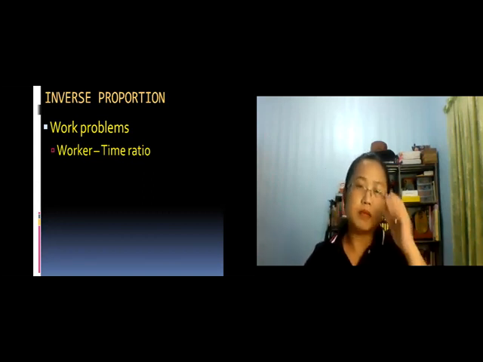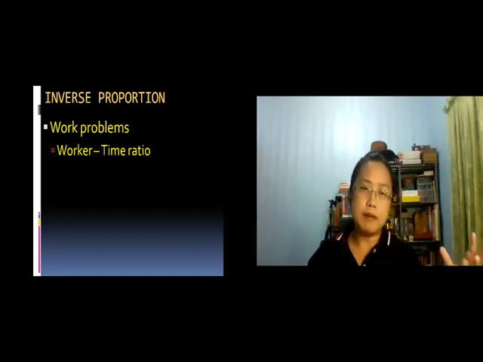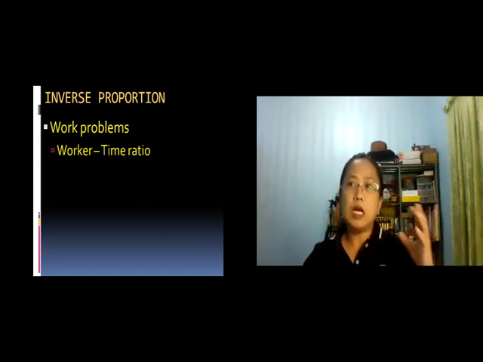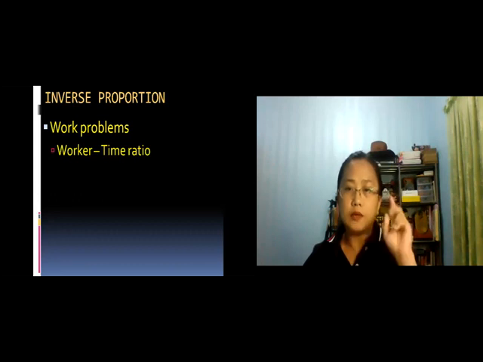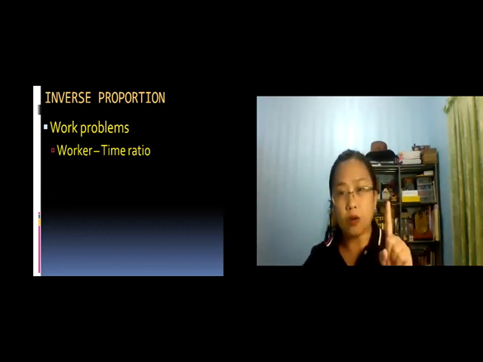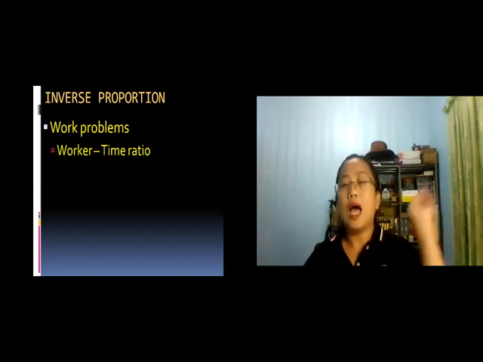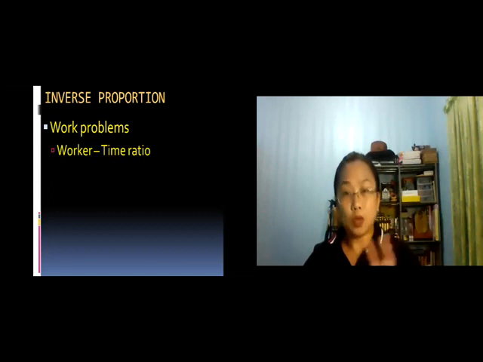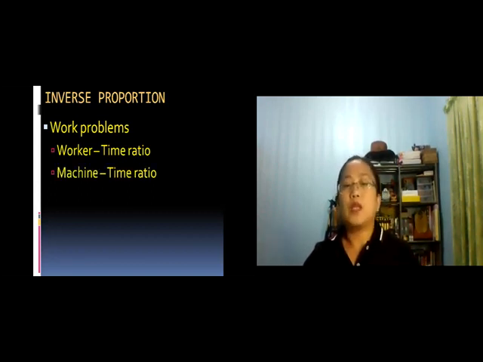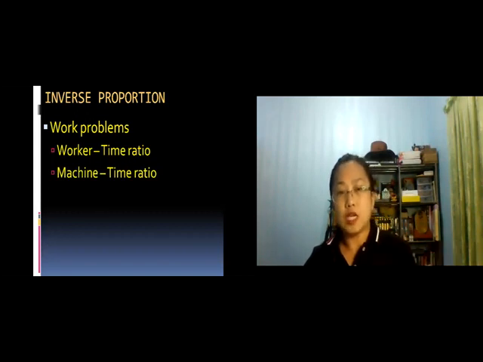It's under work problems. Pag sinabing worker time ratio, you have two quantities. The first quantity is the number of workers, yung kung ilang tao yan, kahit yan ay lalaki, babae, basta ilang tao ang magtatrabaho. At yung pangalawa, kung gaano katagal gagawin yung trabaho. Okay? The second one is the machine time ratio.